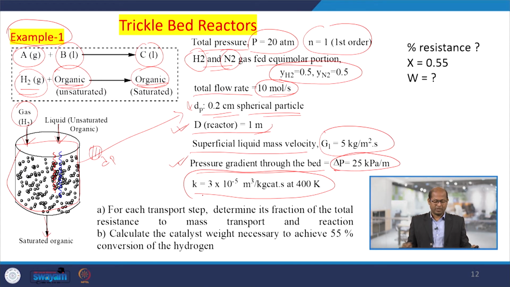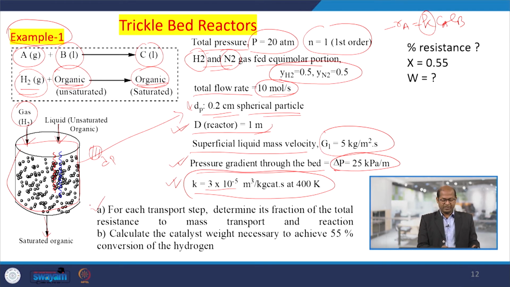Usually we write the reaction rate as minus r equals k into Ca Cb. Here the reaction rate constant for this particular reaction is 3 into 10 to the power minus 5 meter cube per kg catalyst per second at 400 Kelvin. So, this is the reaction system, and the different components for this reaction are given.